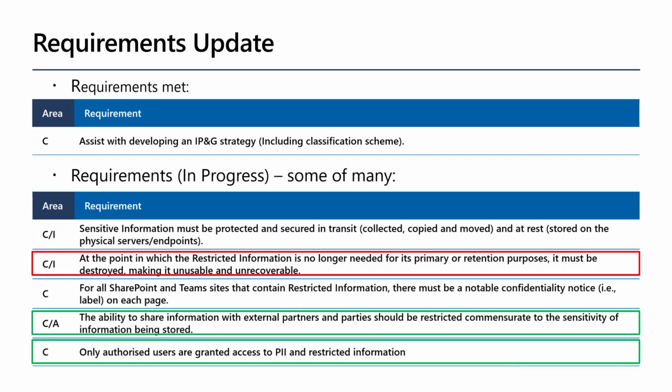Same goes for protecting information while sharing with external parties or granting access to authorized users. The classification scheme is vital to determine the sensitivity of the information and the protection controls that must go with it after performing the appropriate risk assessment, as we discussed earlier.